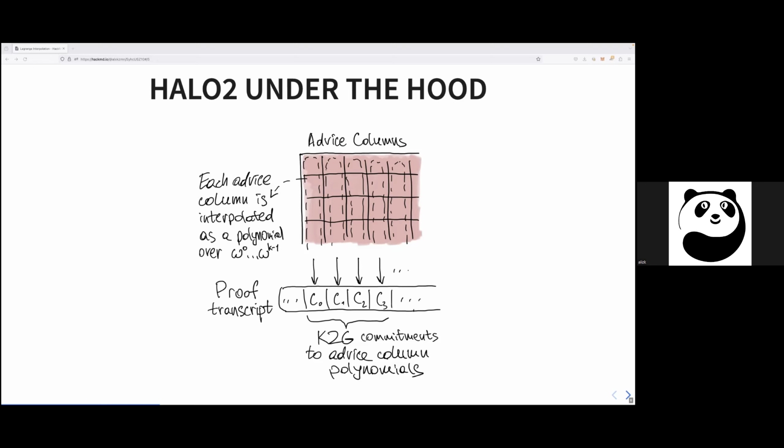I meant that the w to the power i for each user, do you enter those values into the... No. They are a part of the setup of the circuit. So we don't need to do anything. It is just how Halo2 works. Many operations in cryptography are much easier to perform if your domain is the roots of unity.